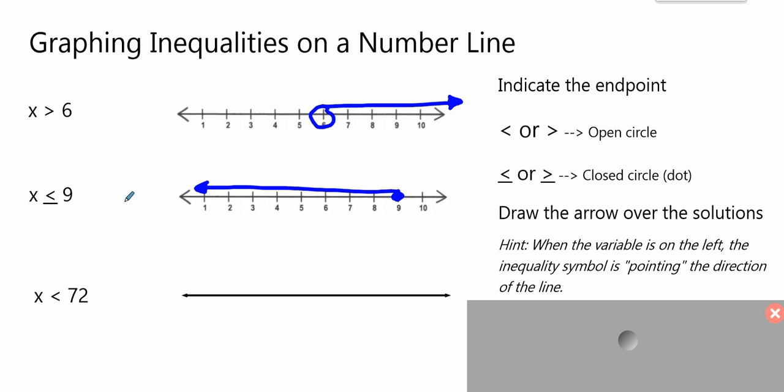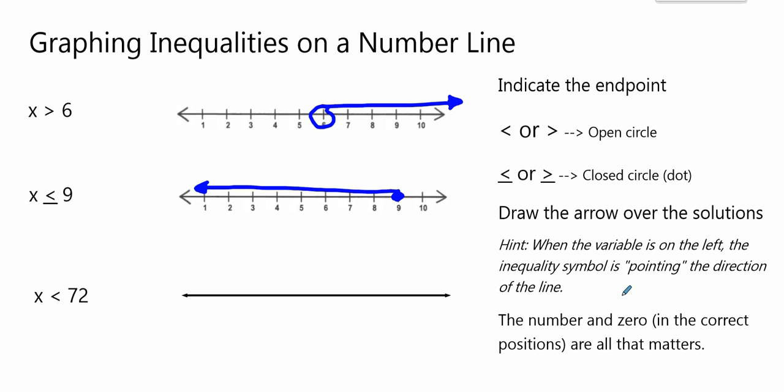It's nice when we can give you a pre-printed number line like we do in these first two, but sometimes that's not an option, or sometimes you have to do it by hand. Take this one, x is less than 72. I do not want you to put 72 little tick marks on a number line. That's ridiculous. All you need are the number and 0 in the correct position.